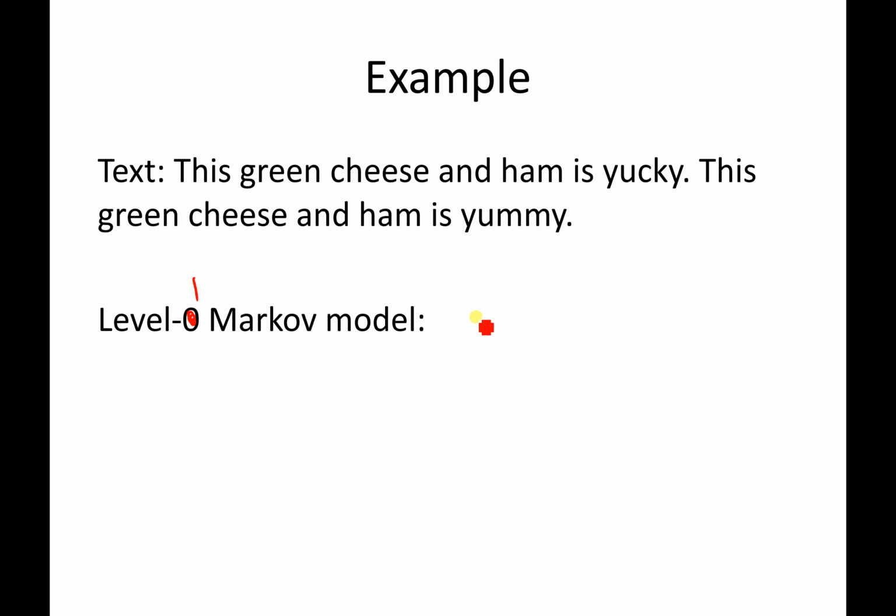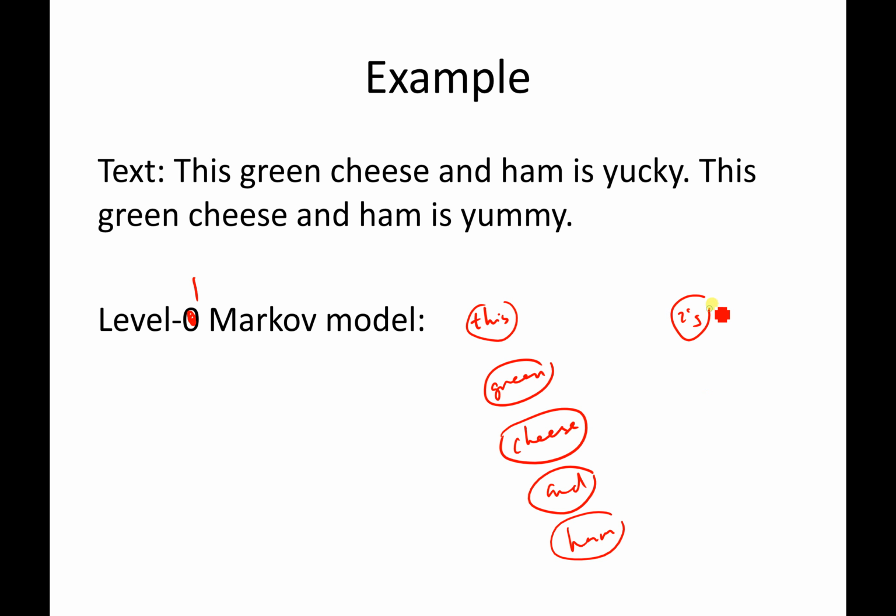So the model you build is: we know this occurred twice, and then green, cheese, and, ham, is, and then you have yucky and yummy. These are the states. In a level 1 model, this state transitions into the next state, which is green, with a probability of 100%, because in the training data the next word after this is always green.